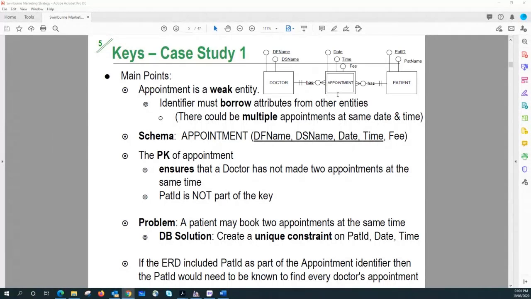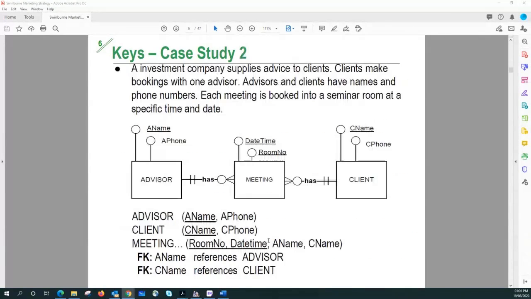Actually, you can't allow it. So that is why we need to go back to our create table statements and do a bit of adjustment there, right? So these are the bits and pieces you need to think about when you design ERDs, right?